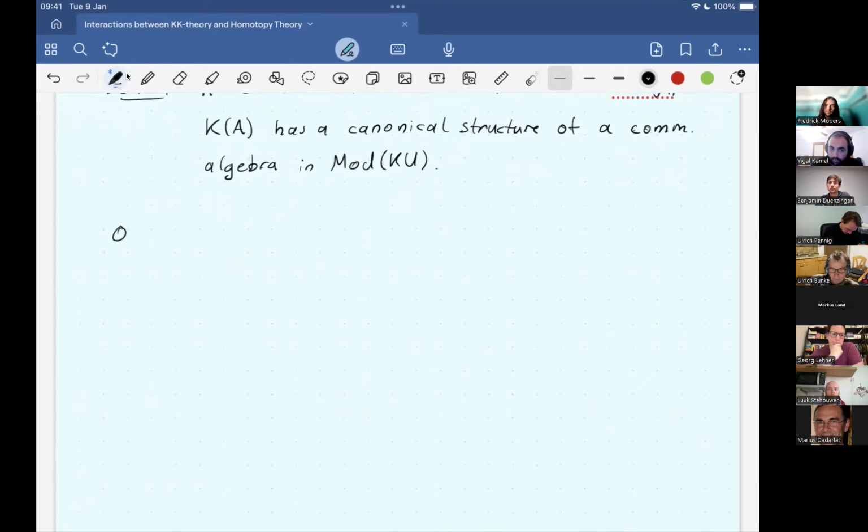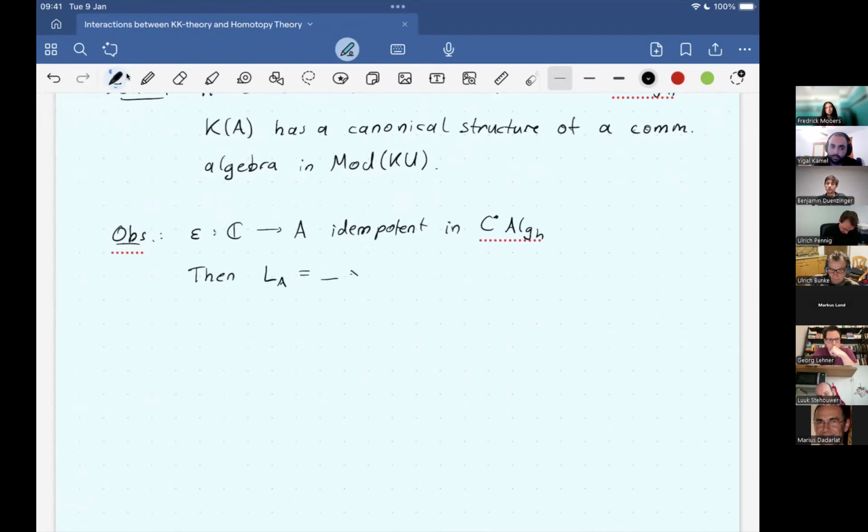The other observation is that whenever you have an idempotent, you can think of the functor L_A given by blank tensor A. This is a localization functor, again just from the abstract theory of idempotents.